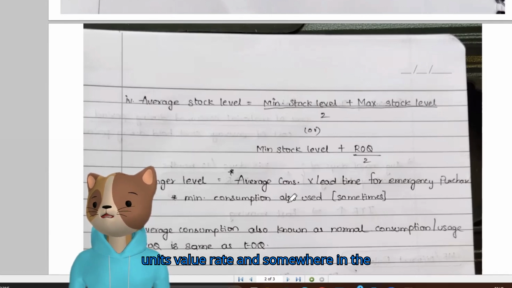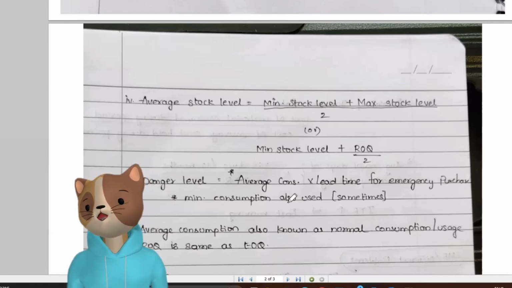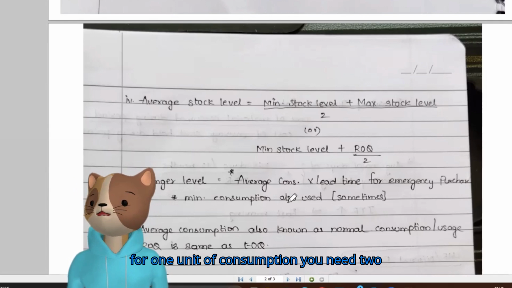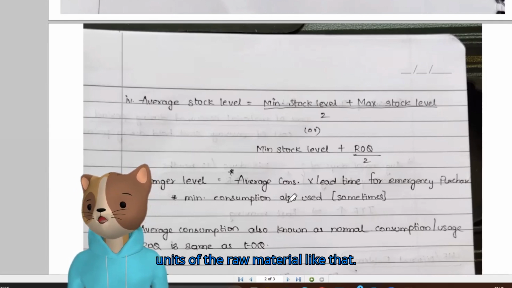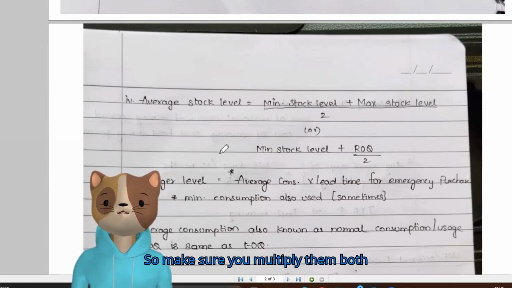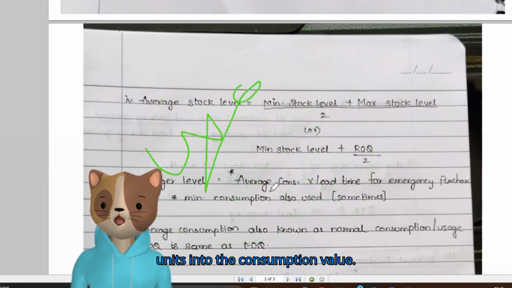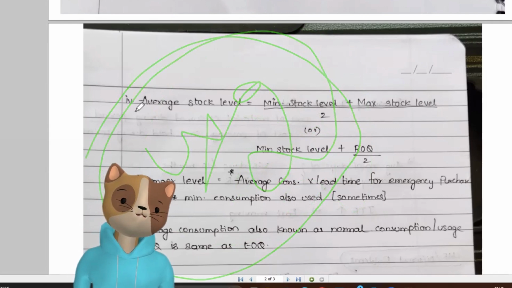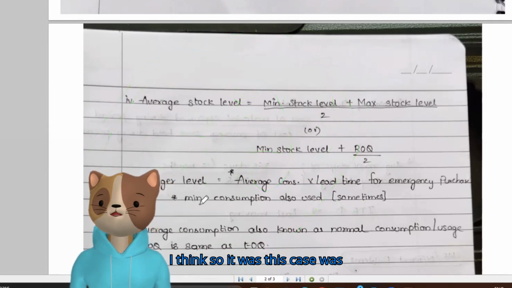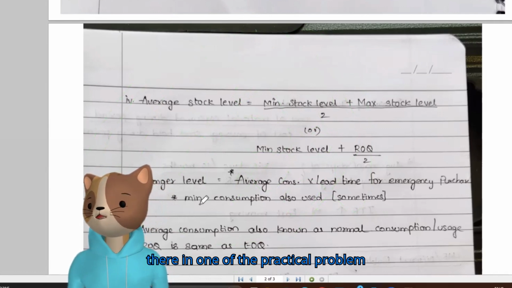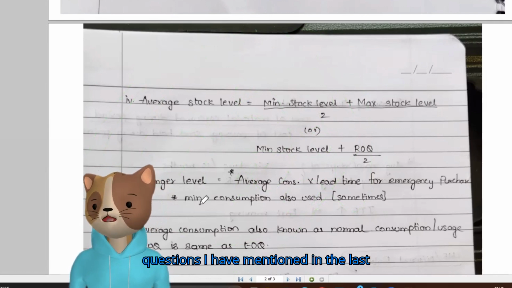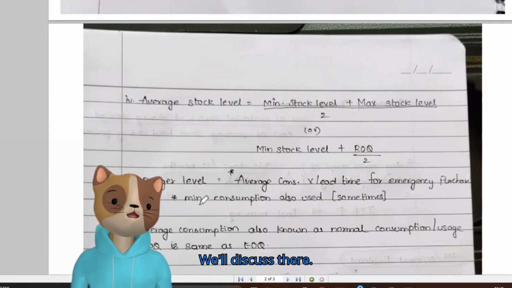And somewhere in the question, they'll give the details that for 1 unit of consumption, you need 2 units of the raw material, like that. So make sure you multiply both into the consumption value. I think this case was there in one of the practical problem questions I have mentioned at the end. We'll discuss it there.